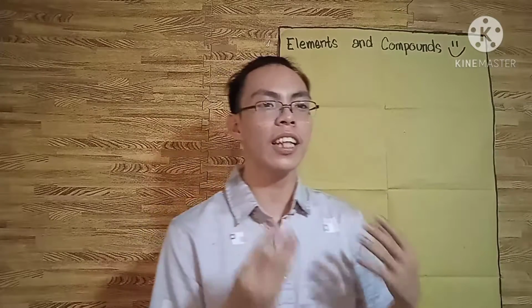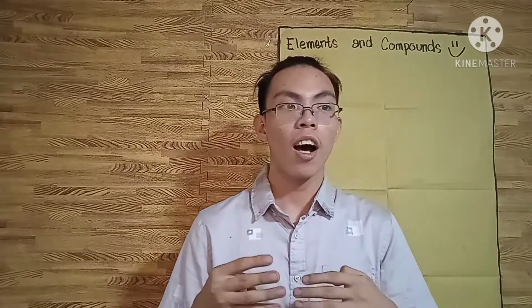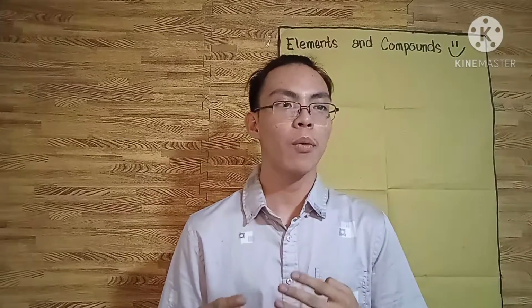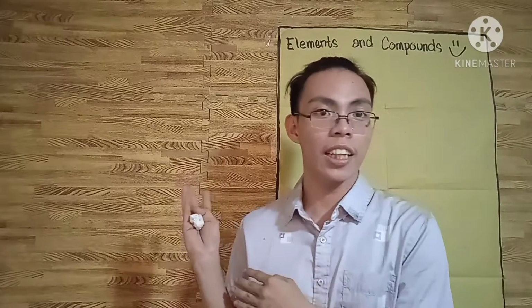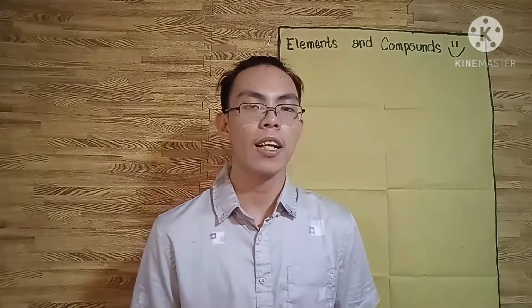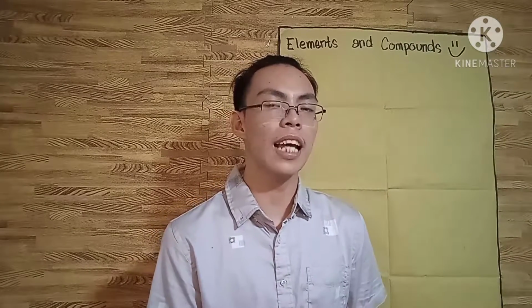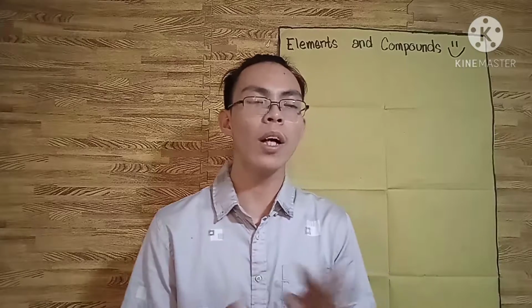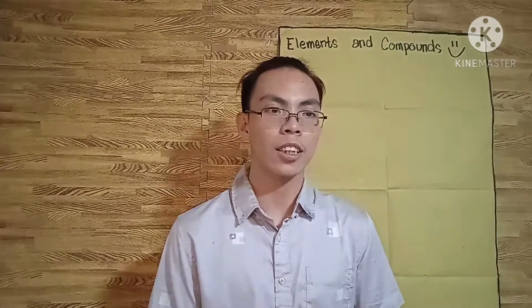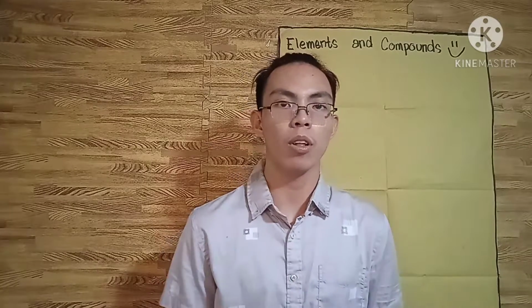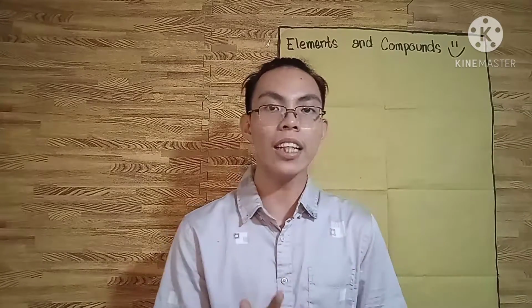Our activity will be a short video watching. We will be watching a short video clip that will enable you to understand what elements and compounds are. While watching the video clip, I will be giving you a task. You need to make one table with 3 columns.